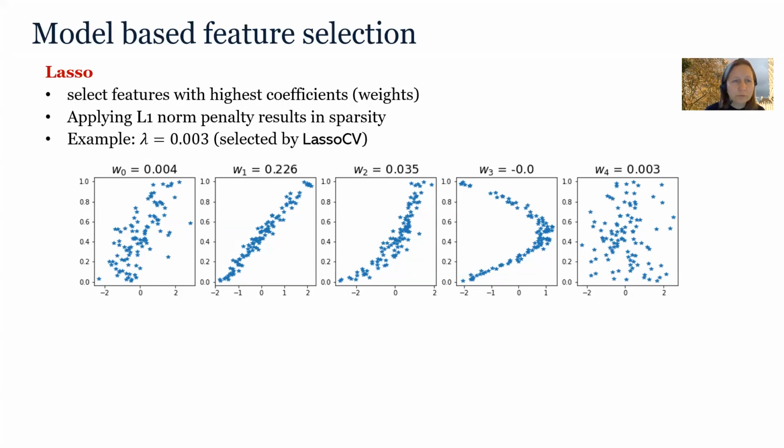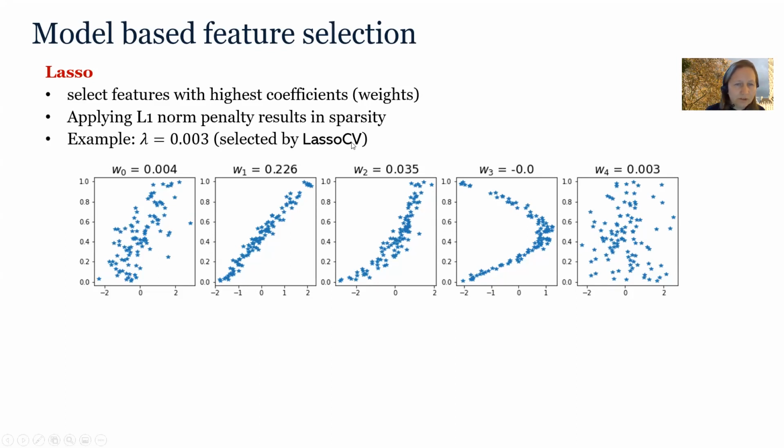Let's now move to model-based feature selection. We already said that if we have a linear model, we can use the coefficients or weights to select the features. And in this example, we choose the lasso model because we already said that applying an L1 norm penalty results in sparsity. So using lasso, we can reduce the number of features more effectively.